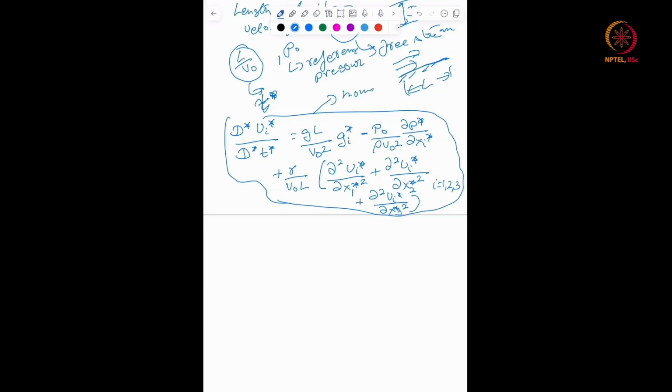This is the momentum equation basically, right? So all these coefficients that you see on the three terms on the right hand side, let me mark the coefficients. One is this, one is that, and the other one is this. This particular term is called the Froude number.